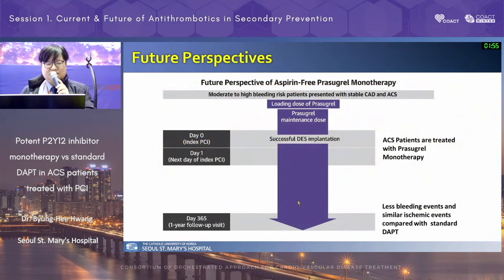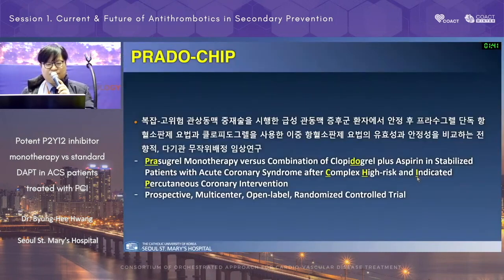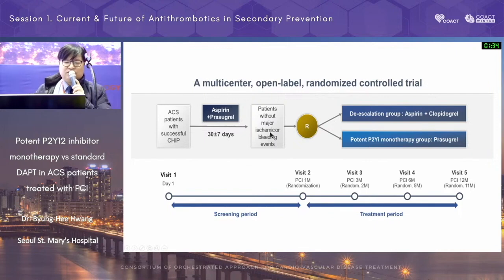So these are the future prospects of this study group, maybe prasugrel maintenance dose after day 1 of PCI with 1 year follow-up. This is Prado-CHIP, as we are doing. We are using aspirin and prasugrel for 1 month, and patients without major ischemic or bleeding events are randomized at 1 month into a de-escalation group, aspirin and clopidogrel, and a potent P2Y12 monotherapy group, prasugrel.